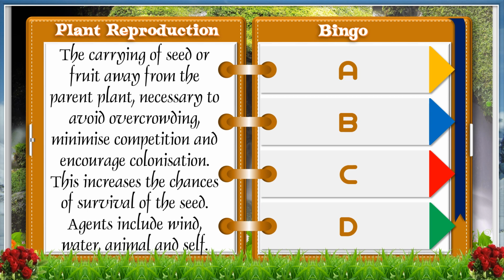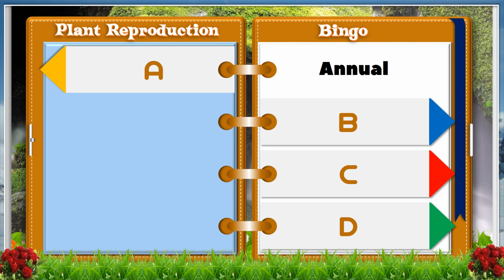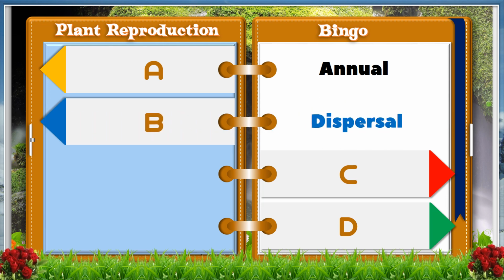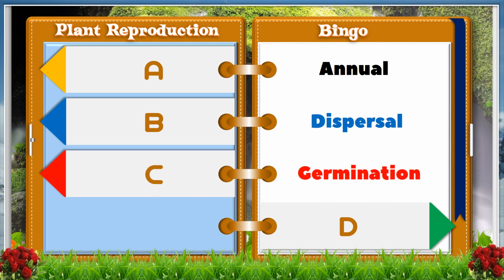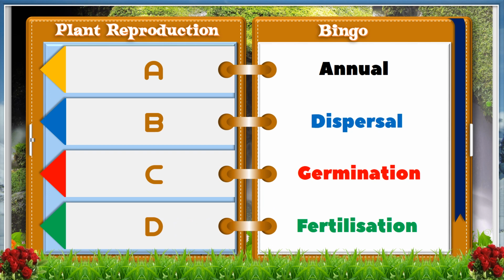Agents include wind, water, animal, and self. A. Annual. B. Dispersal. C. Germination. D. Fertilization. And the answer is B. Dispersal.